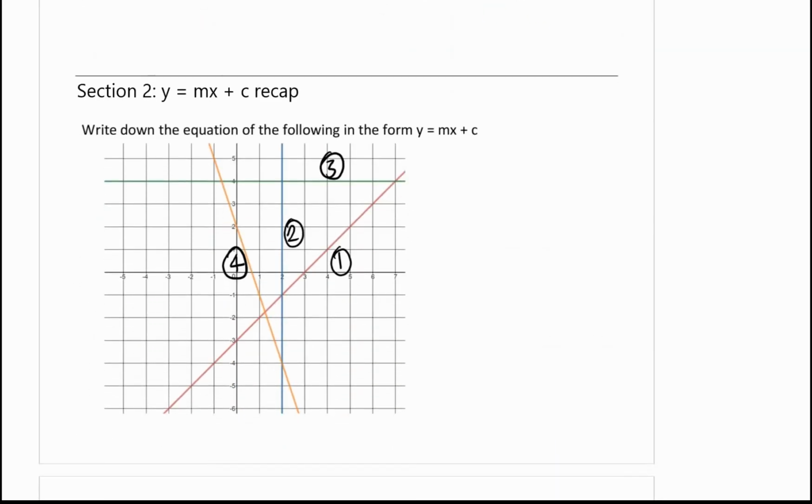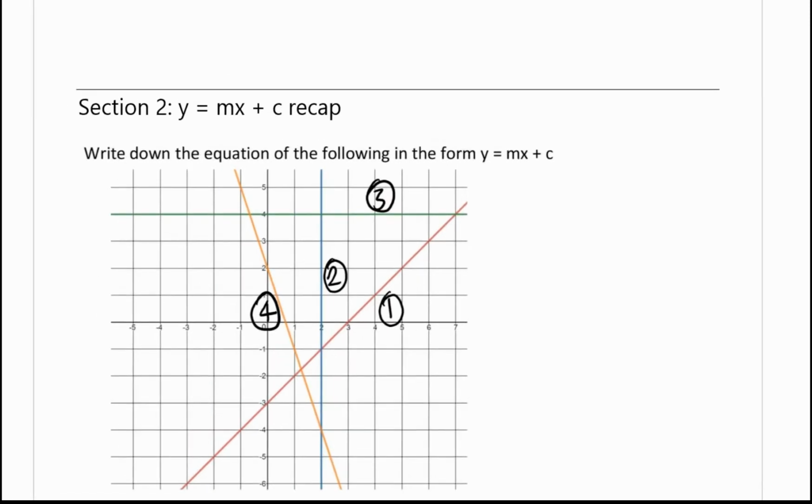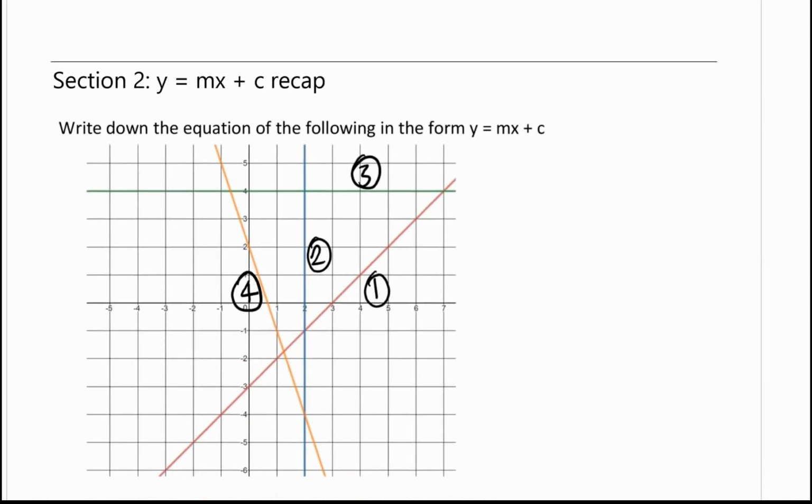Pushing on, I'm going to start with a really quick recap of finding equations of y equals mx plus c. So first of all, going through these, this form only really works if you have diagonal lines. If you have either horizontal or vertical lines, it's a fair bit simpler.